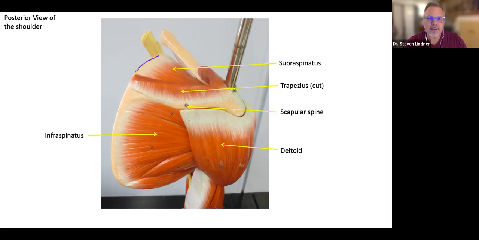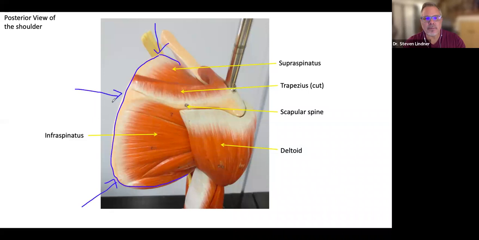This is what we're looking at here. Here is the scapula. Let's point out some key landmarks that I know all of my students remember from osteology. So there's your superior angle. Here's your inferior angle. Here's your medial border, aka vertebral border.